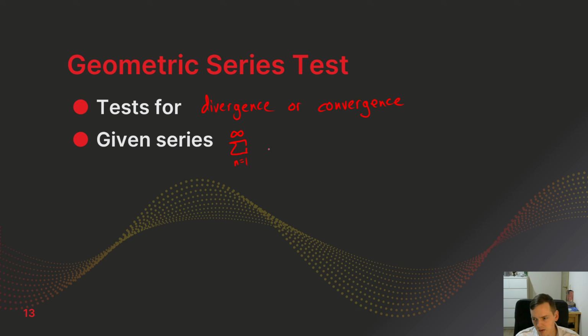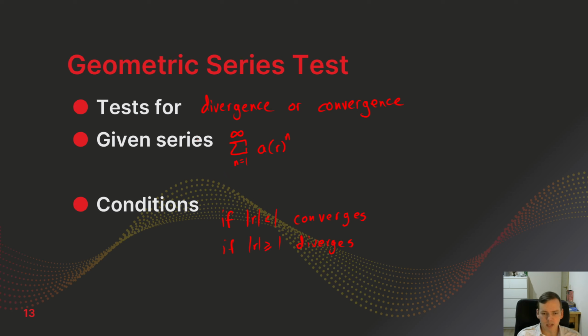But we're going to have the same idea of basically just some constant to some power times an initial value. Given this series, if the absolute value of r is less than 1, it converges. If the absolute value of r is greater than 1, it diverges, or is equal to 1.